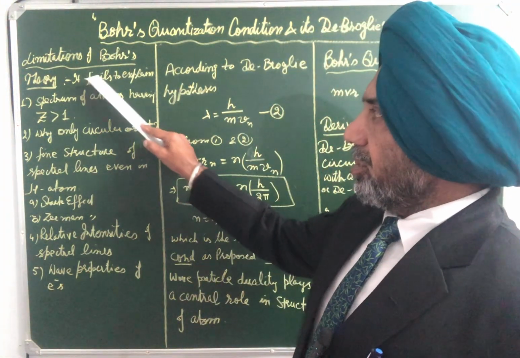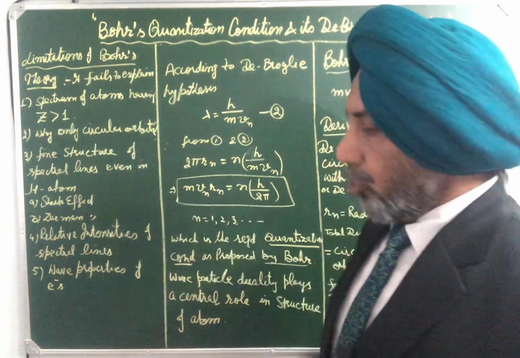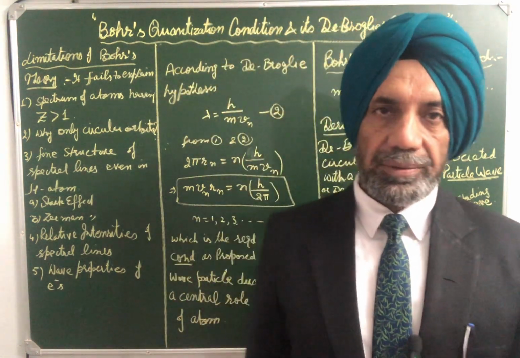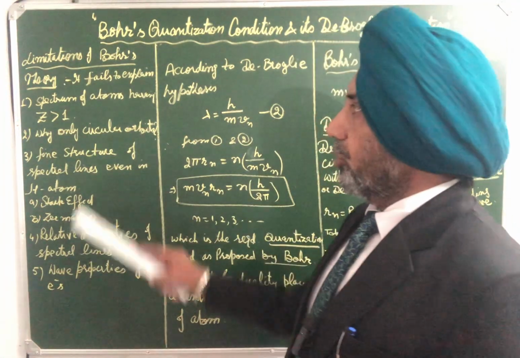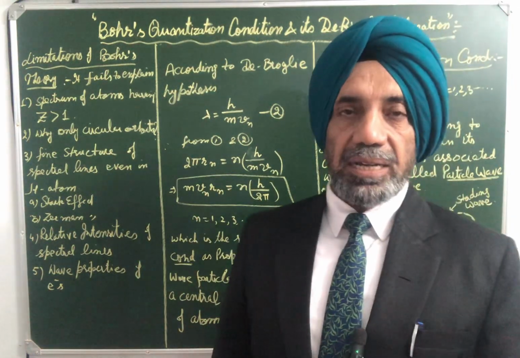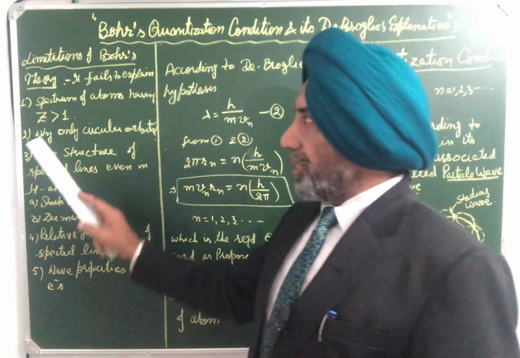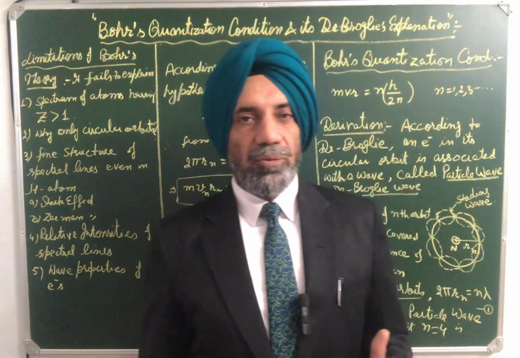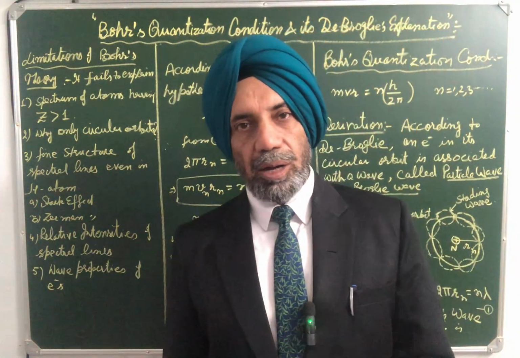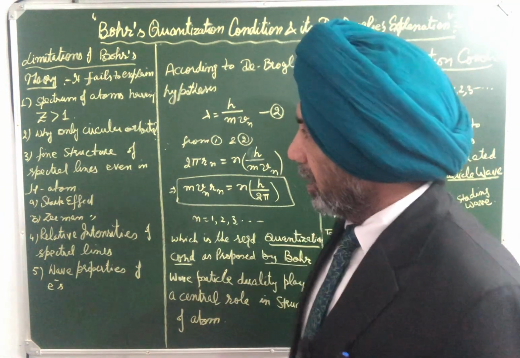There are some limitations of Bohr's theory. Bohr's theory explains the spectral lines of hydrogen-like atoms having Z equal to 1, but it fails to explain the complete spectrum of atoms having Z greater than 1. This is one limitation. Second, it fails to explain why only circular orbits are considered, because elliptical orbits are equally possible.